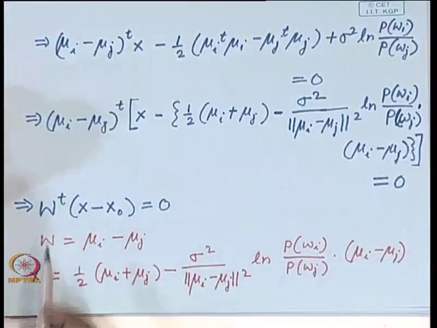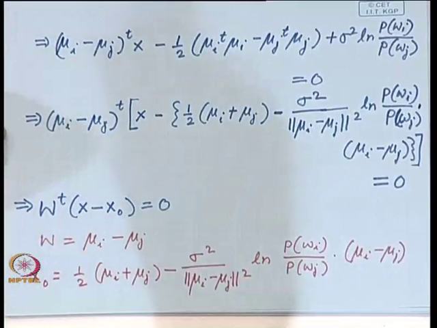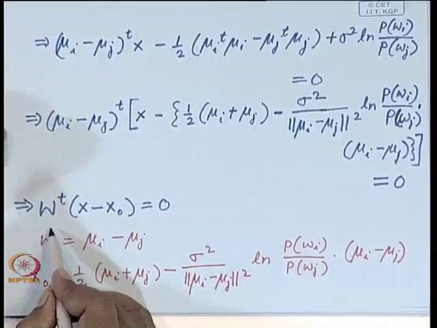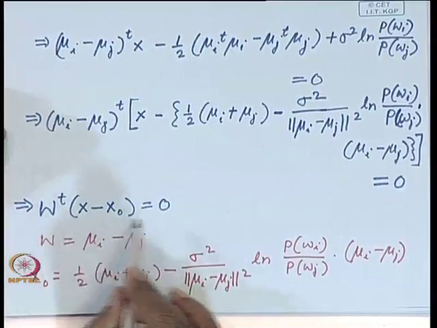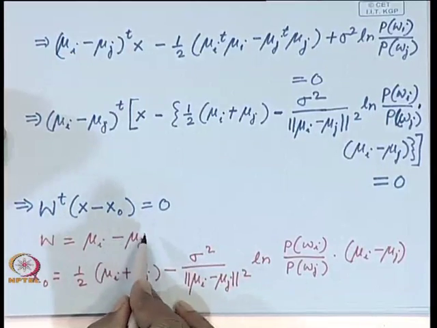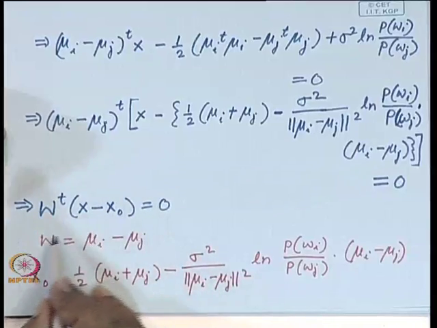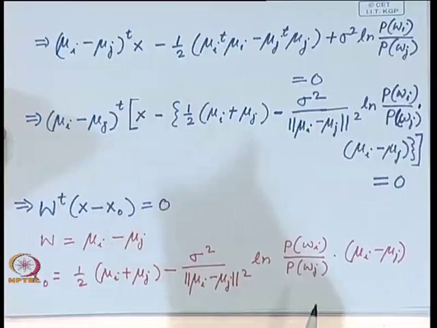Where this W is given by mu_i minus mu_j, that means it is a vector drawn from the jth mean vector mu_j to the ith mean vector mu_i, or the line joining mu_i and mu_j. And as the decision surface is W transpose (x minus x_0) equal to 0, the decision surface is orthogonal to the vector joining mu_i and mu_j.